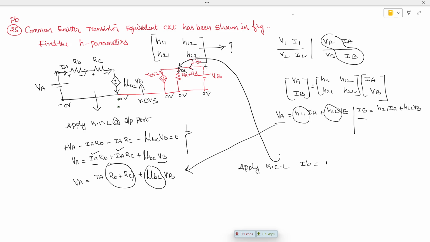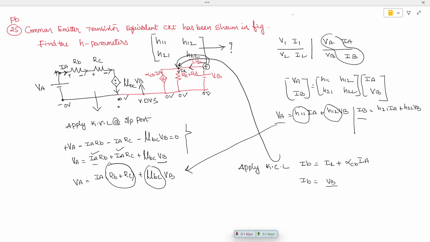So IB is equal to IX plus the next leaving current, which is alpha CB multiplied with the IA value. We require IB. How do we write IX? The voltage at this point is VB, and automatically the voltage at this point is also VB.